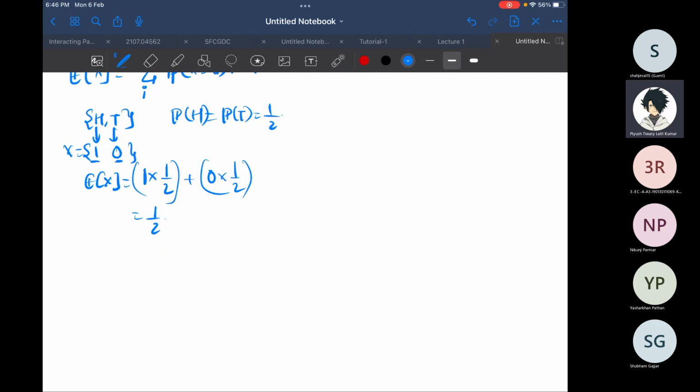For example, let's say I change a few things. If I say the probability of heads is 1 by 4, and the probability of tails is 3 by 4, and now someone asks, what is your expectation?